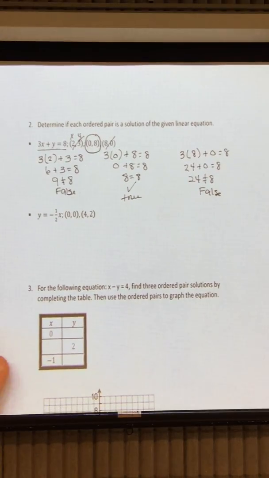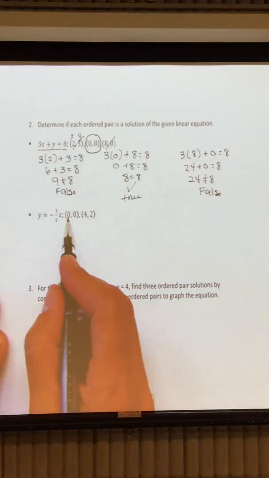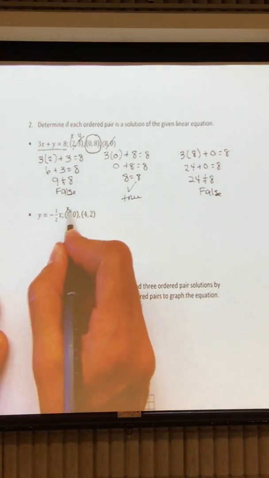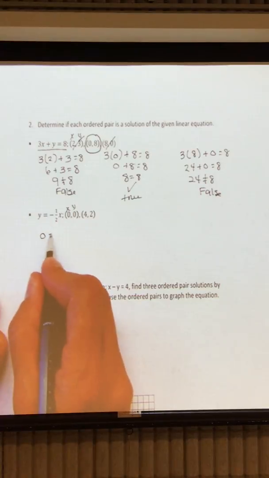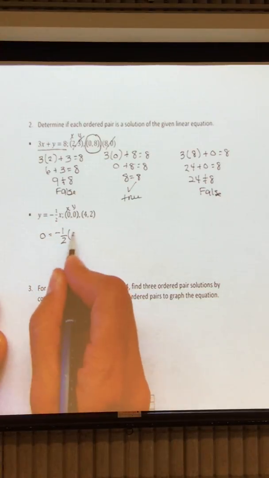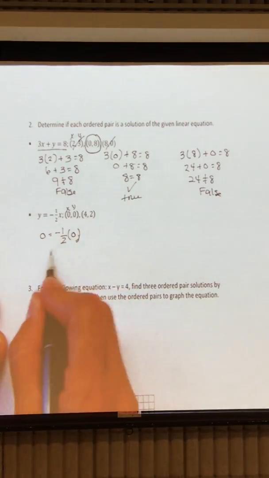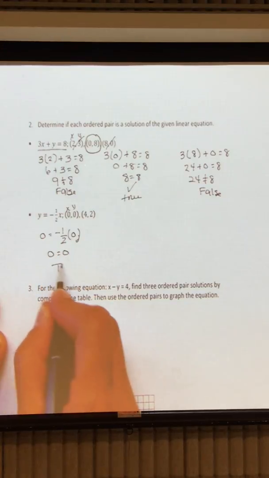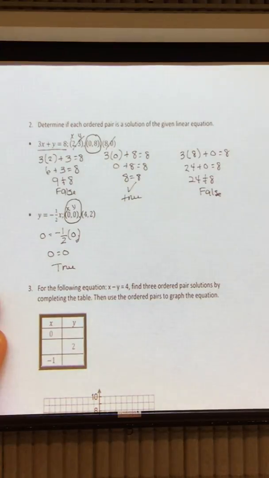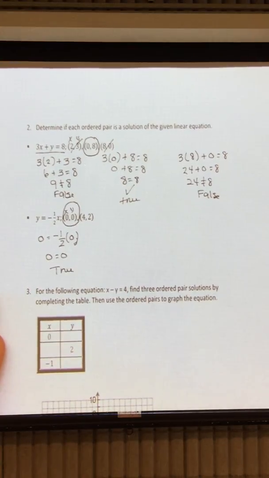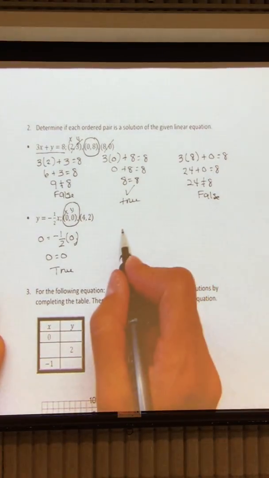Let's try the second equation for number 2. Again, 0 and 0. We have again x and y. So let's plug in the values into the equation. Y is 0 is equal to negative 1/2 times 0. 0 is equal to 0. It's true. Therefore, 0, 0 is a solution to that given equation. Let's try the second point.